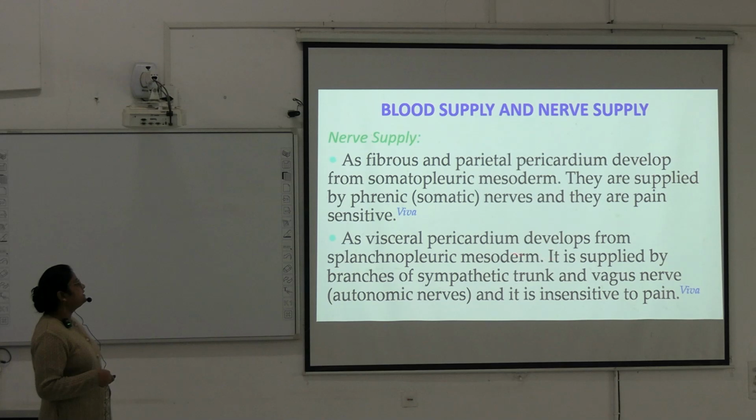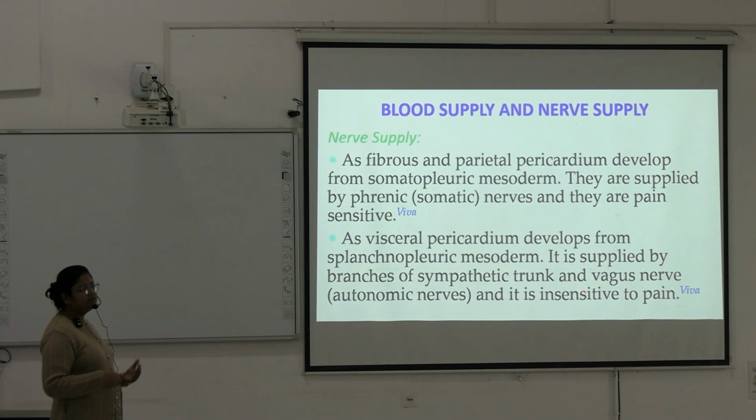And as the visceral pericardium develops from splanchnopleuric mesoderm, it is supplied by branches of the sympathetic trunk. That is, it is supplied by autonomic nerve supply. Sympathetic trunk is the sympathetic supply, vagus nerve is the parasympathetic supply, autonomic nerves, and that's why it is insensitive to pain. So visceral layer is insensitive, parietal and fibrous pericardium is pain sensitive.